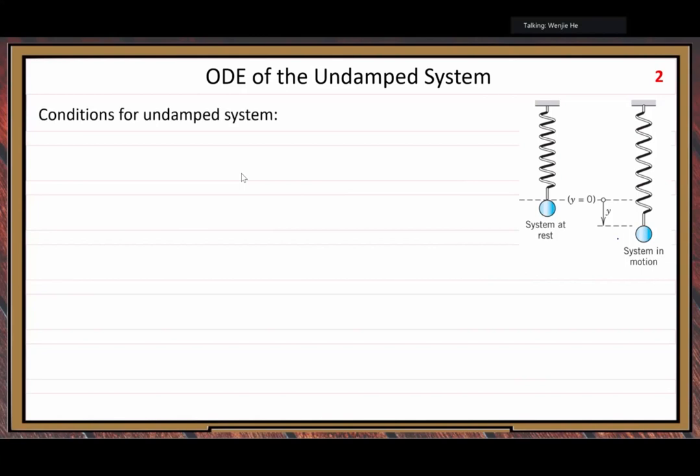Conditions for the undamped system. Let's apply Newton's second law to get the ODE.